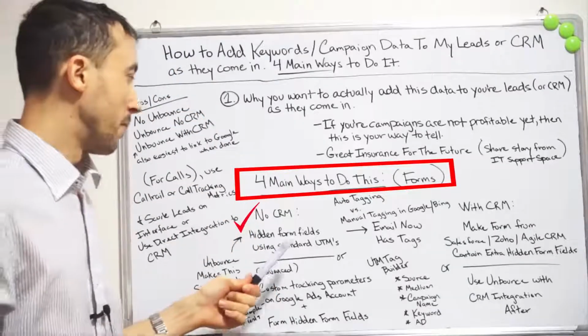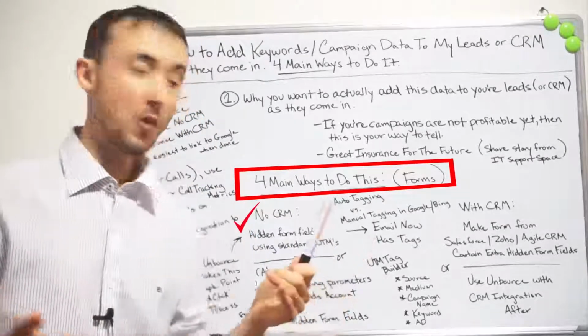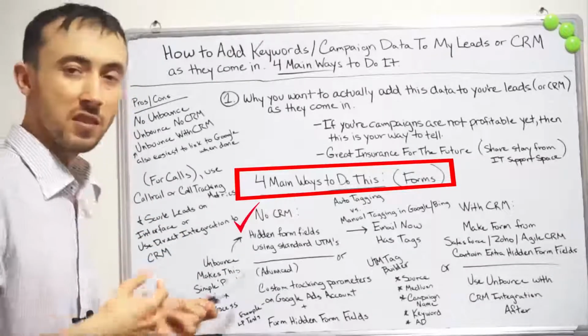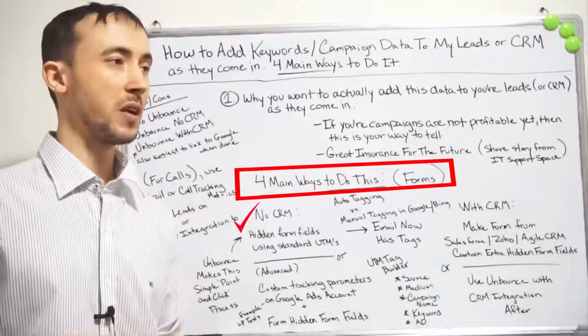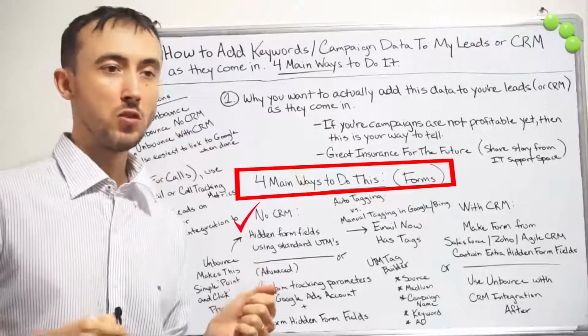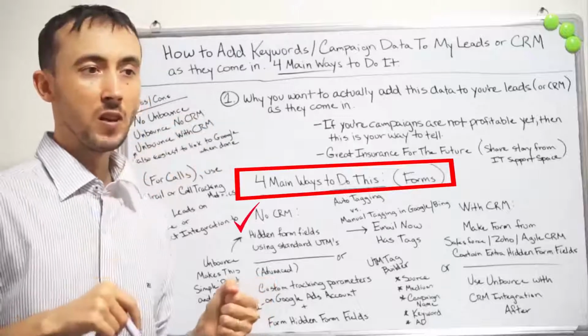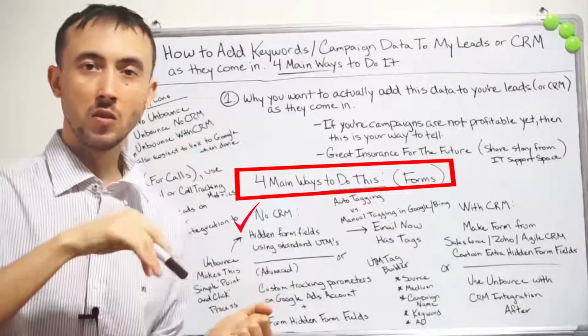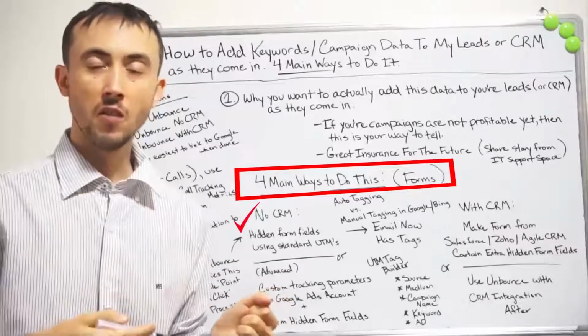And if you're using a landing page tool, which I use, Unbounce makes this a simple point and click action, because in Unbounce, if you have a form, you can click on advanced and then just put in there hidden form field, and then you can put in your campaign keyword, and then you're done.